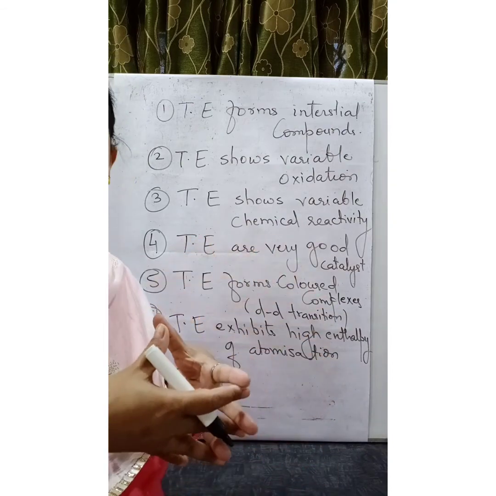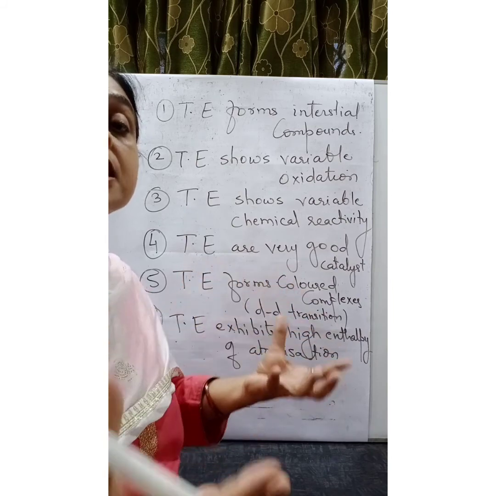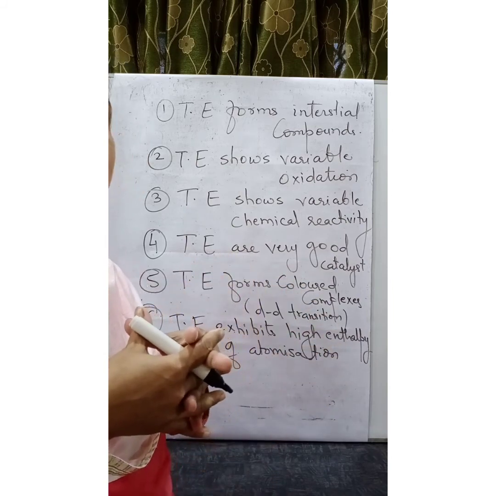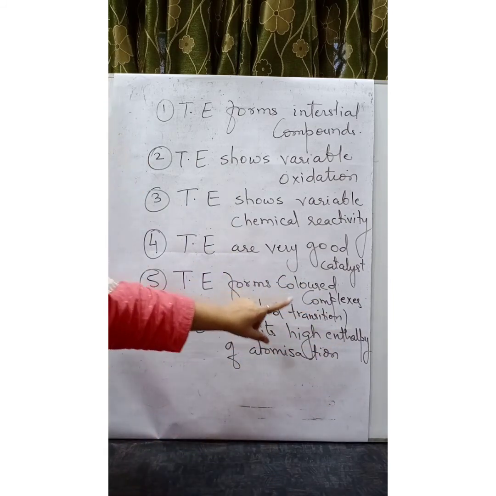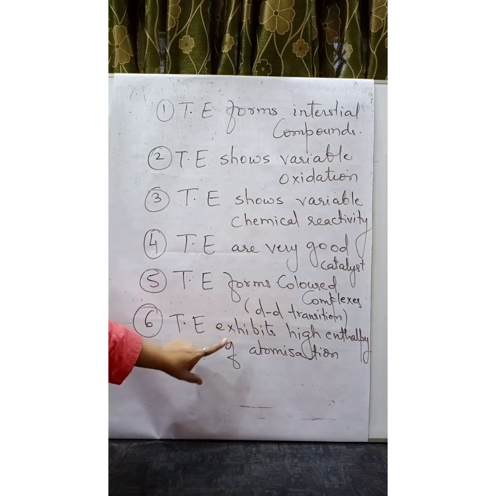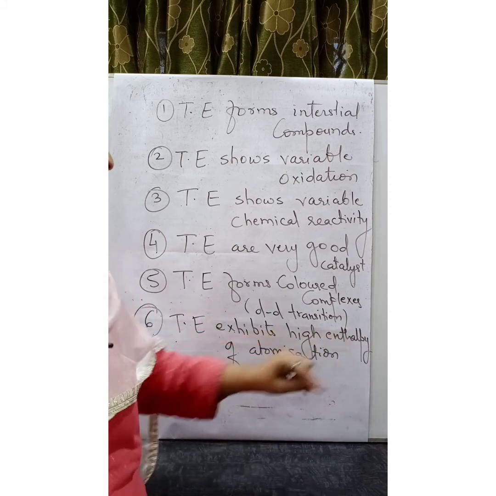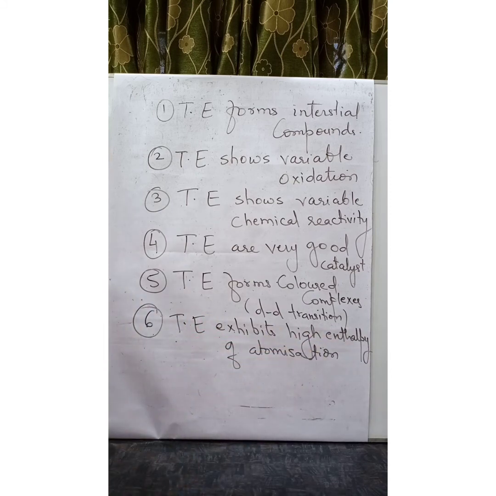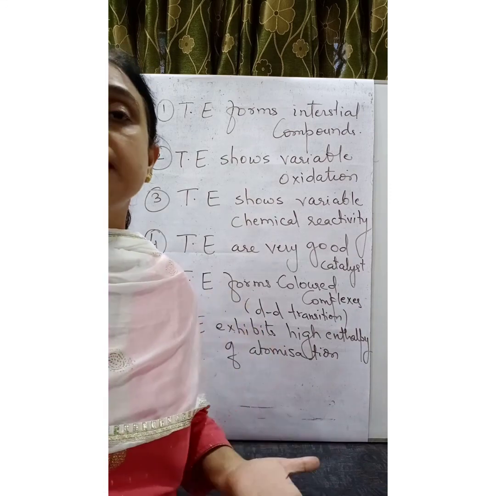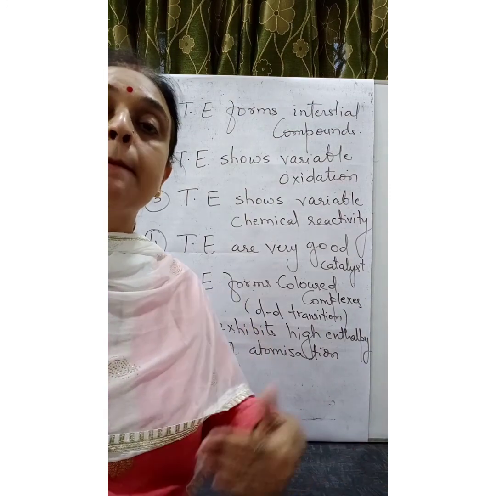As you already know, transition elements possess very strong metallic bonds. So high energy is required to break these metallic bonds, and hence we can say that transition elements exhibit high enthalpy of atomization. Let us see this in detail with the help of coming slides.